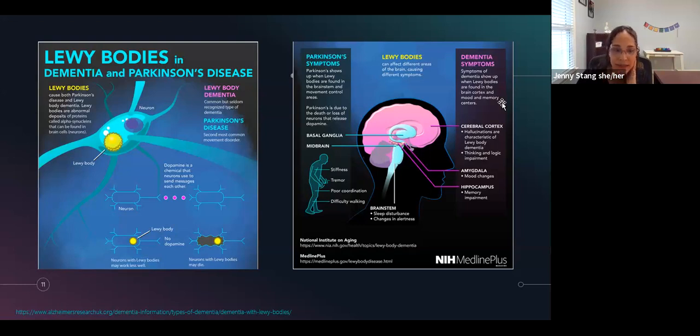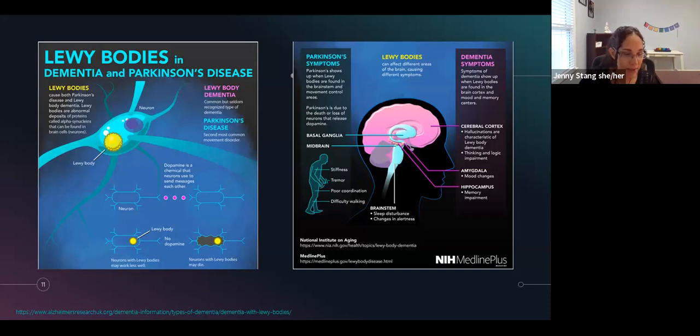So Parkinson's disease and Lewy body dementia are two separate diagnoses, but the main difference between the two is when the start of thinking and movement symptoms occur. So people with this condition might not have every symptom in the early stages of Lewy body dementia. And dementia with Lewy bodies is closely related to Parkinson's disease.